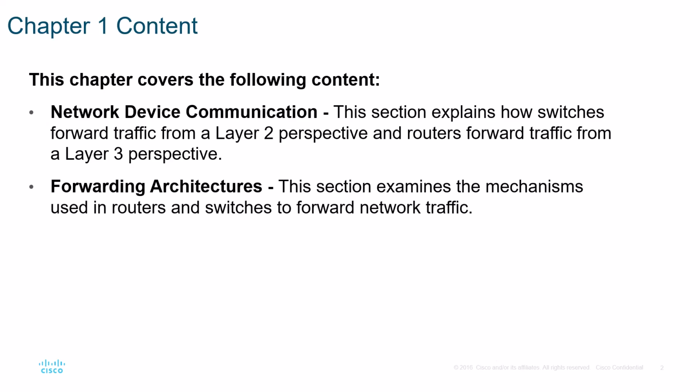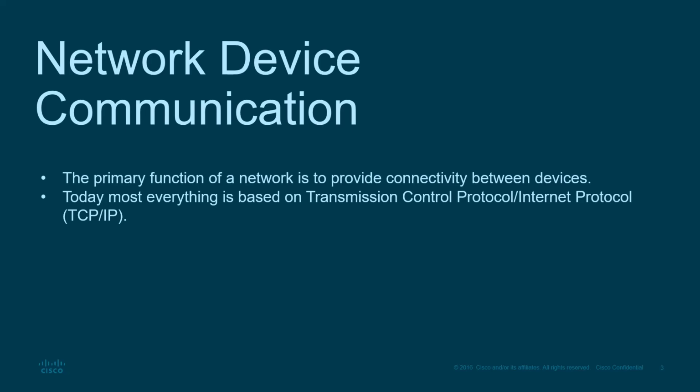So we're looking at both frame forwarding and packet forwarding based off of the different layers' perspectives. We're also going to look at the forwarding architectures, which are the mechanisms used in routers and switches to forward network traffic correctly.